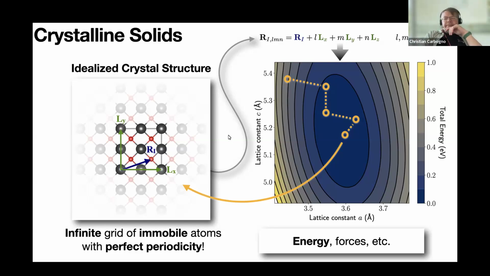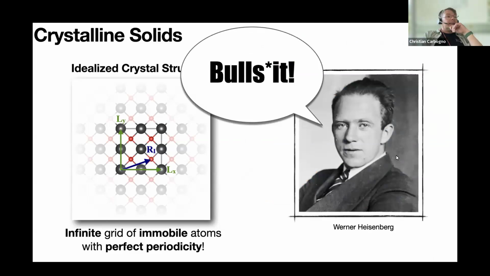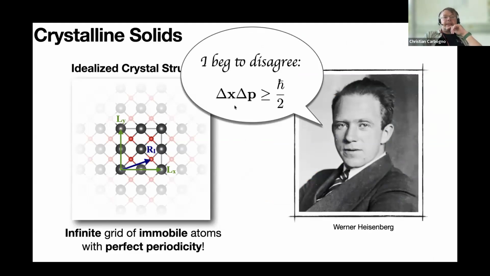However, this is not totally accurate. If you remember your lecture on quantum mechanics, there should be something already coming to your mind. If you think about what Werner Heisenberg would say, he would say, no, look, actually, we know that positions and momenta have to fulfill the uncertainty principle. What does this mean?